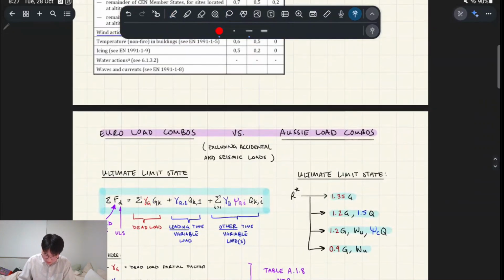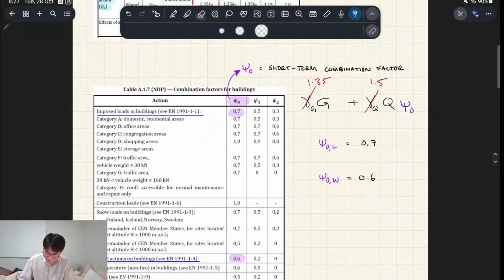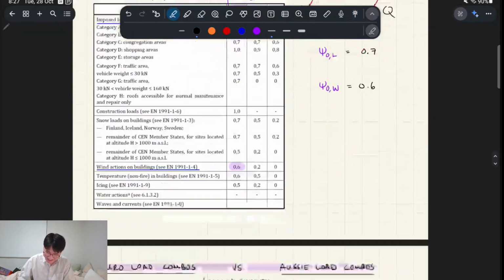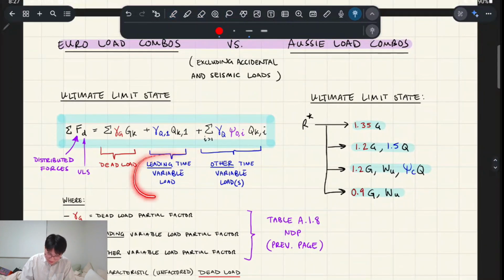You've got your leading variable load, and you've got the other ones. If you have dead load and live load, your leading variable load is just live load. In a different case, if you have dead load and wind load, your leading time variable load is wind load, okay?